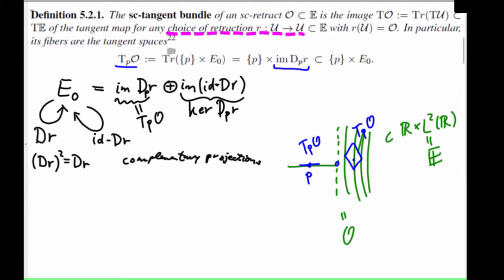At least once we've chosen a retraction R, we're going to get these canonical choices of complements, and we can do extra stuff to somehow fill up the operator on there. That's going to be the philosophy at some point.